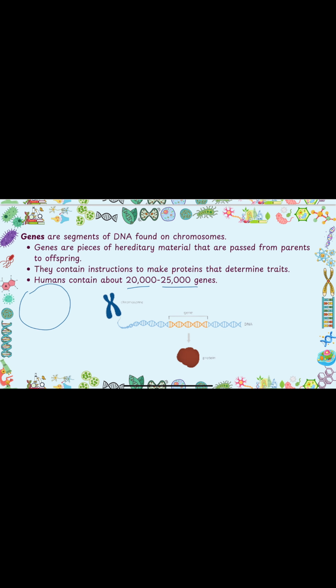So here is a cell. Inside the cell we have the nucleus. This is the cell, this is the nucleus. Inside the nucleus we have a chromosome. Then when we open up the chromosome, we will find DNA, and inside the DNA we have specific codes. For example, ATTCCG. For example, this codes for your eye color.